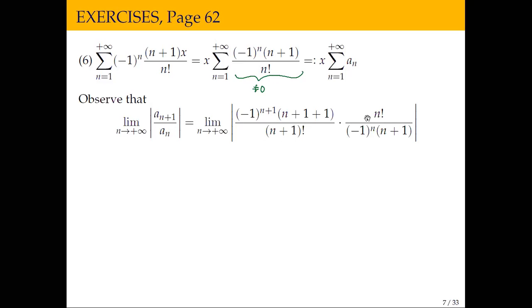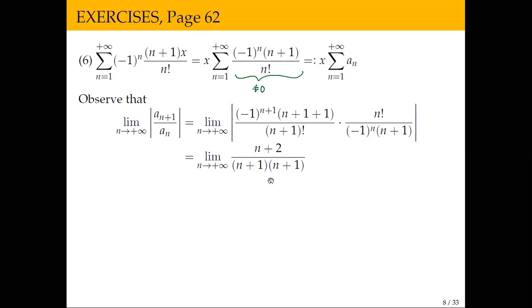So n factorial in the numerator and the denominator will cancel out. What will be left to us is the absolute value of n plus 2 over n plus 1 times n plus 1. Since our n here ranges from 1 to positive infinity, the absolute value of the 1 inside will be itself. So this will just be the limit of n plus 2 over n plus 1 times n plus 1 as n goes to positive infinity.